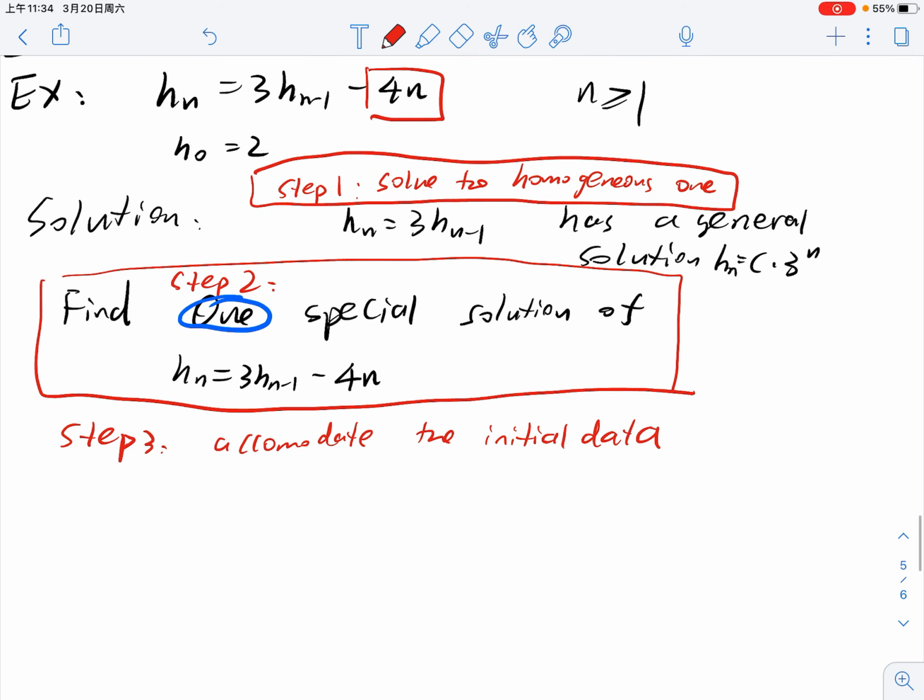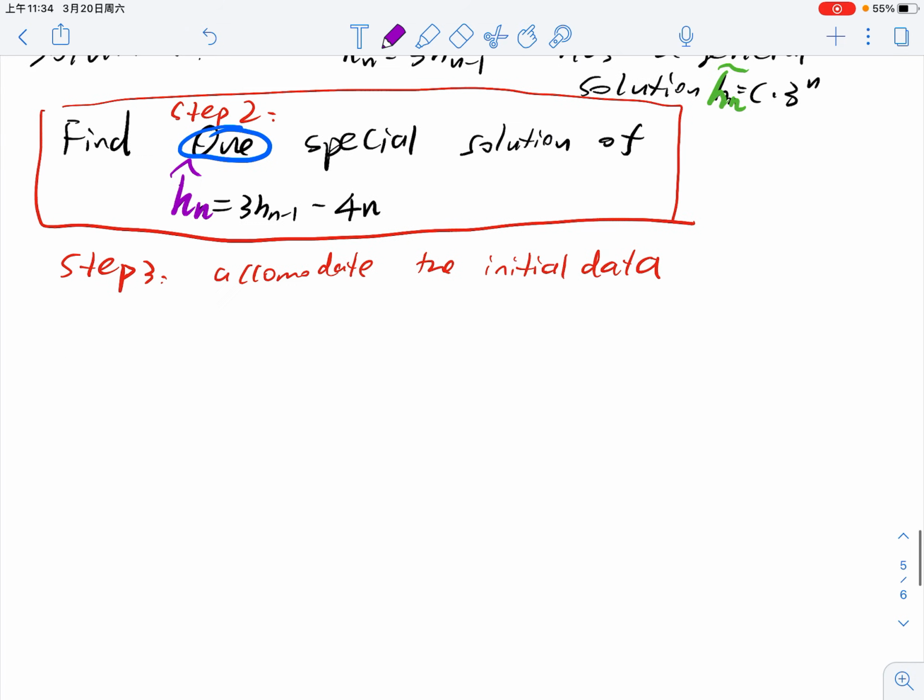Okay, so here let's see the general solution. Let's call it Hn theta, and here the special solution, let's call it Hn hat.